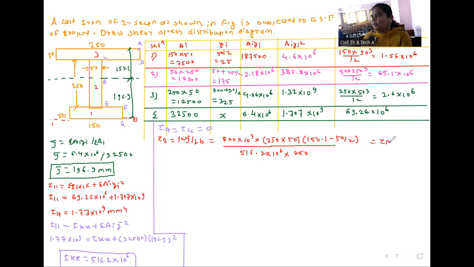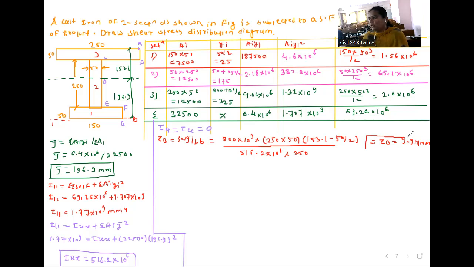So tau B is equal to 9.9 Newton per mm square.